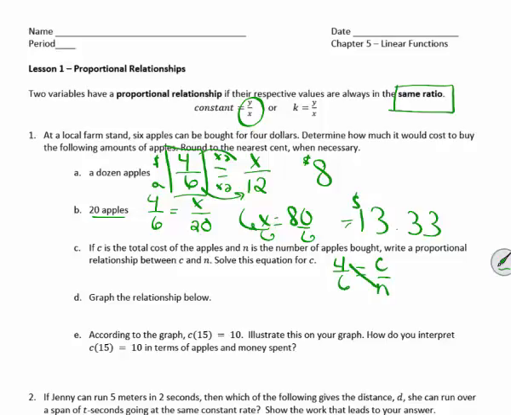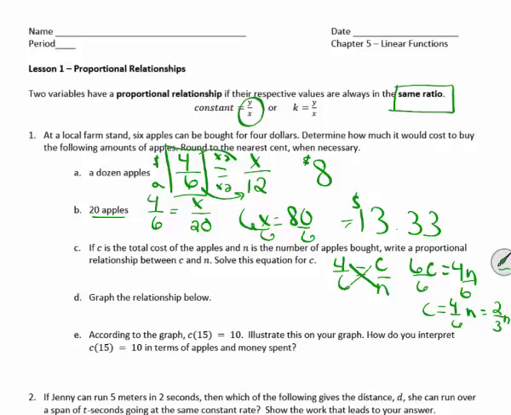So if I do my cross multiplying from here, I'm going to have 6C equals 4N. And now I want to get C by itself, so I'm going to divide by 6. So C equals 4/6 N, or I could rewrite that as 2/3 N and put it in the lowest terms.